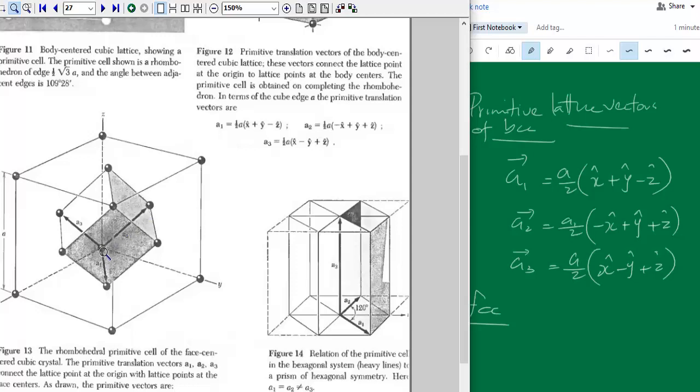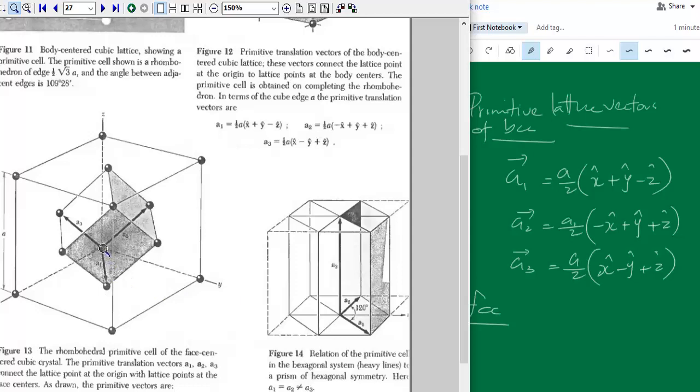There is a face-centered lattice point, and here one more lattice point in the next face, and there is the third lattice point. The corresponding vectors a1, a2, a3 are the primitive vectors. Now we can imagine parallel vectors to these three vectors and consider a volume enclosing them. So this is the primitive lattice.